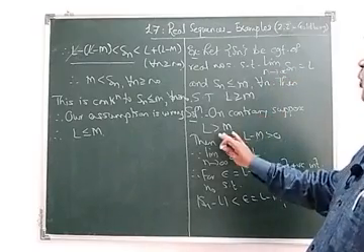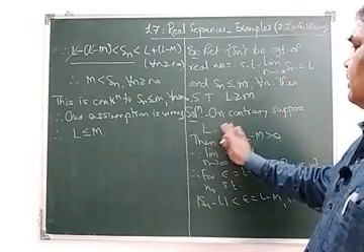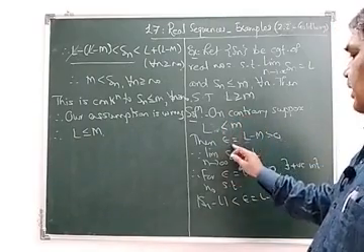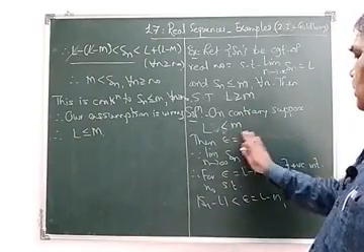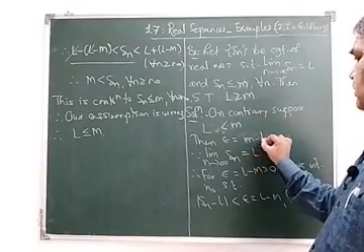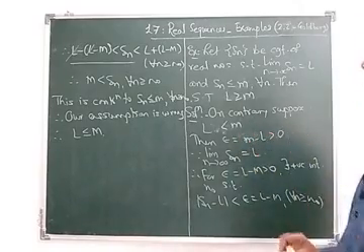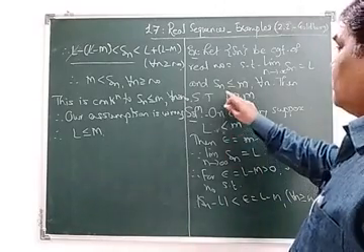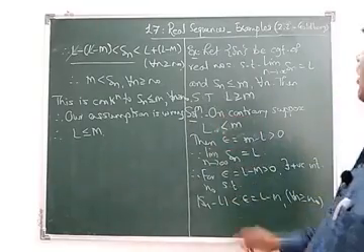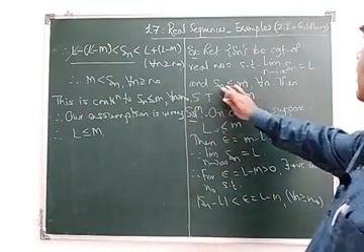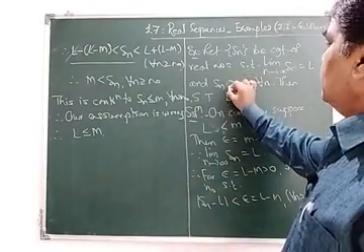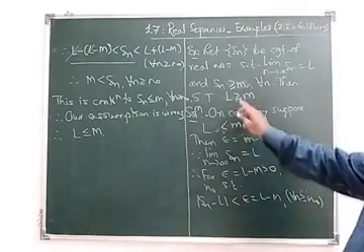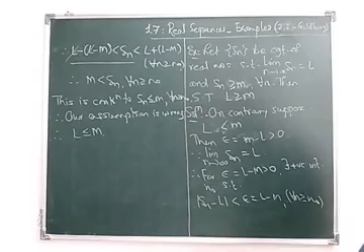On the contrary, suppose L is less than m, then epsilon is equal to m minus L, which is greater than 0.